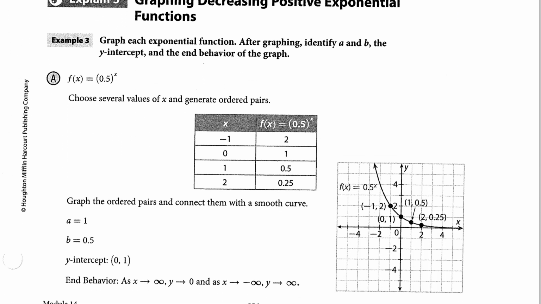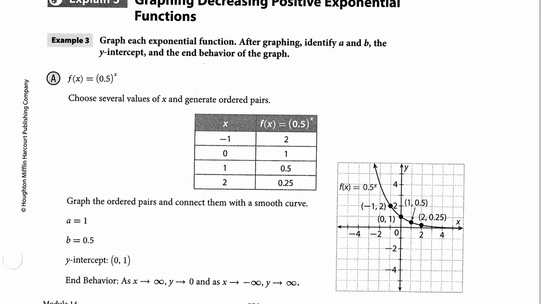Graphing decreasing positive exponential functions. Graph each exponential function. After graphing, identify A and B, the y-intercept, and the end behavior of the graph. Choose several values of x and generate ordered pairs. They did that piece for us. They've identified A is equal to 1 because there's that invisible 1 out front.